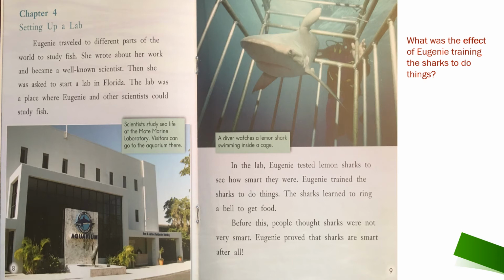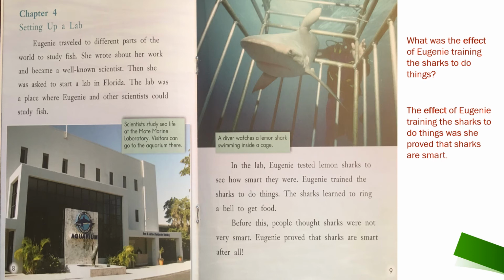If you came up with this, remember the words in the question need to be in your answer. The effect of Eugenie training the sharks to do things was she proved that sharks are smart. Very good. Excellent. Let's try it again.